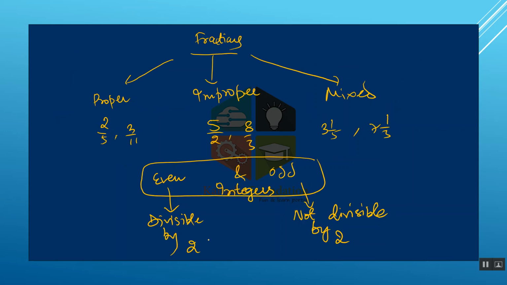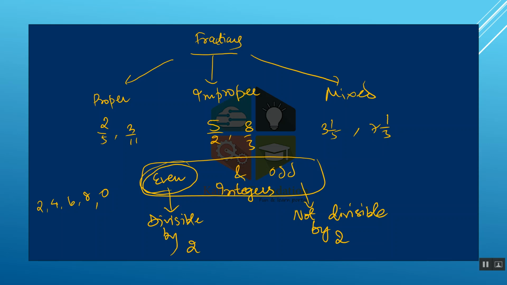If 0 is divisible by 2, then 0 is even. Yes, 0 is even. For the sake of simplicity, we can understand a number ending in 2, 4, 6, 8 or 0 is an even number. Whenever we talk about even and odd, those must be integers, that means there must be no decimal places.